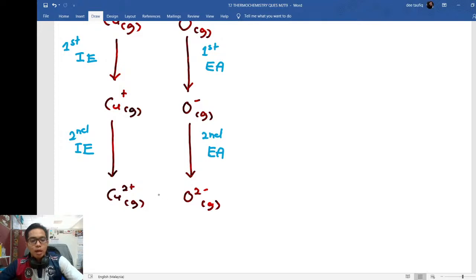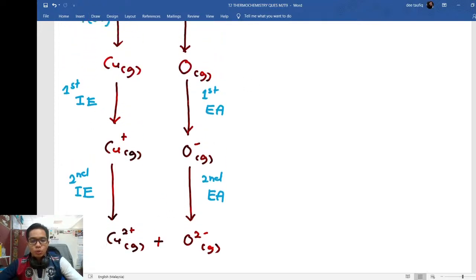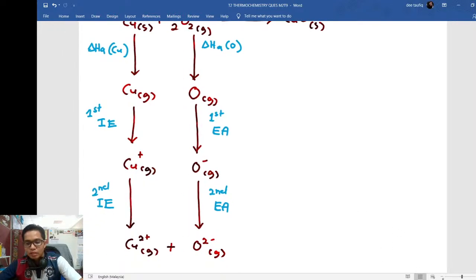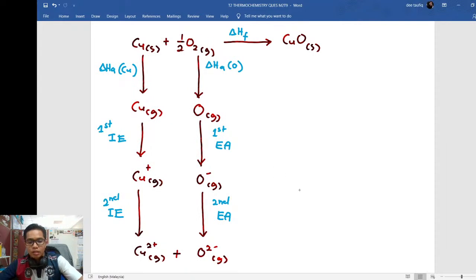Cu2 plus, oxygen 2 minus. So these two add up together. Oh, dah besar dah kali screen. Okay. So from the gaseous ion yang kat bawah ni all the way up to produce CuO solid. And this is what we call lattice energy.